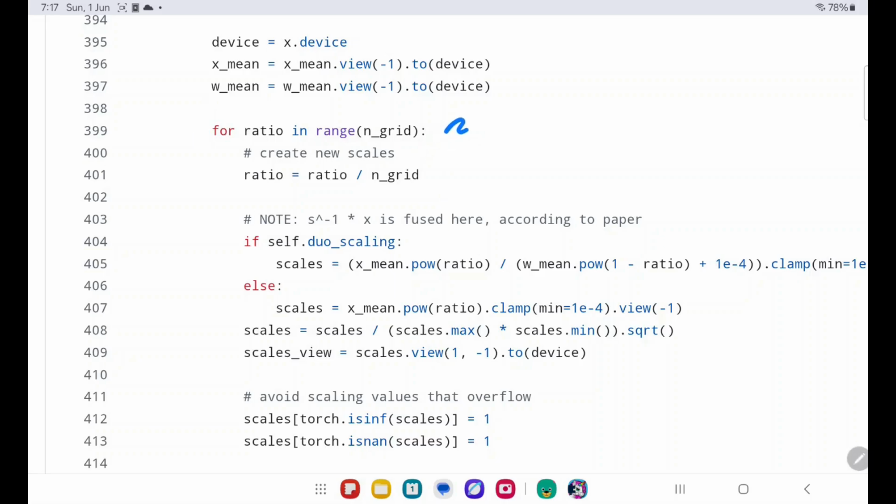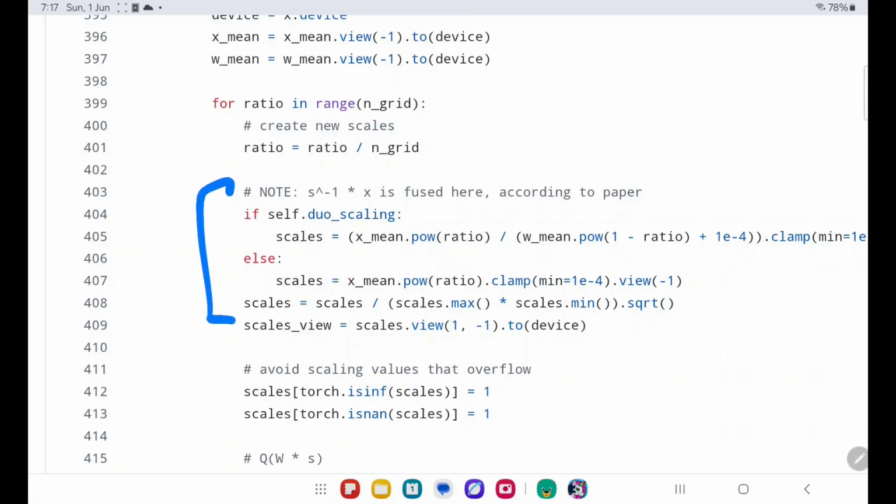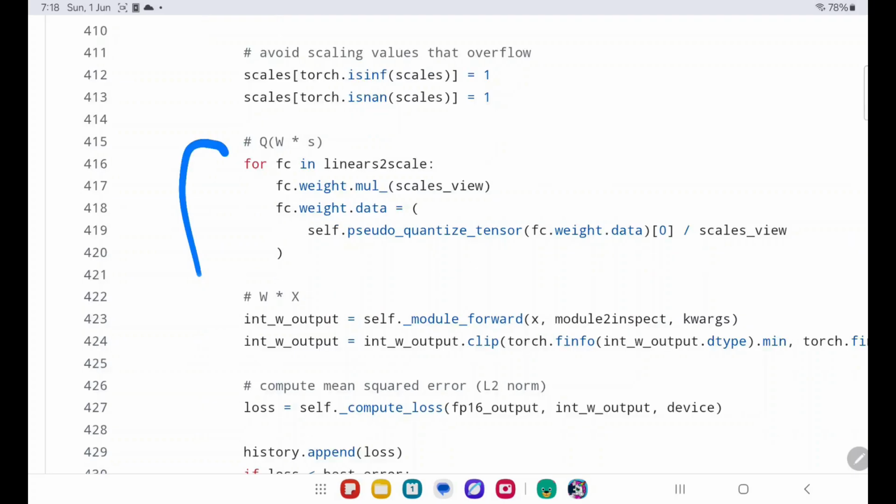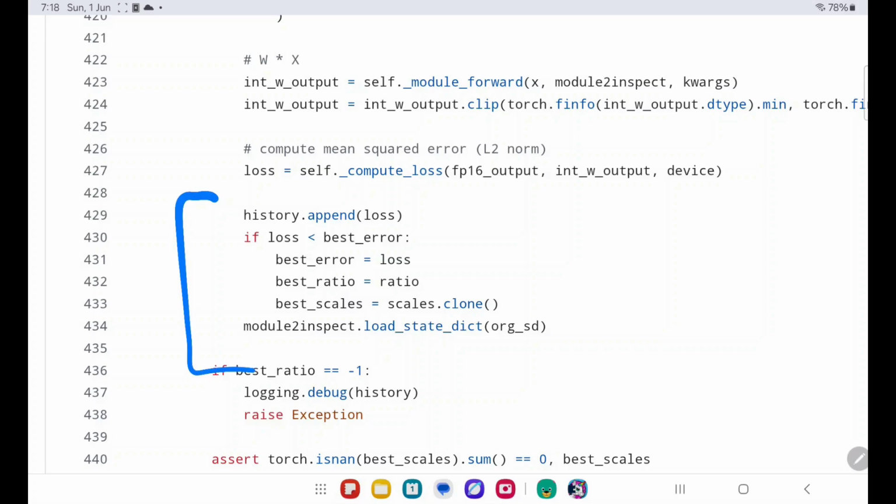Here we are performing the grid search, where we take X into inverse of S, and then perform the pseudo quantize of Q of W into S. Once done, we calculate the output and then compute the loss. Based on whichever is the best loss, we set the best scale wherever the loss is the minimum.